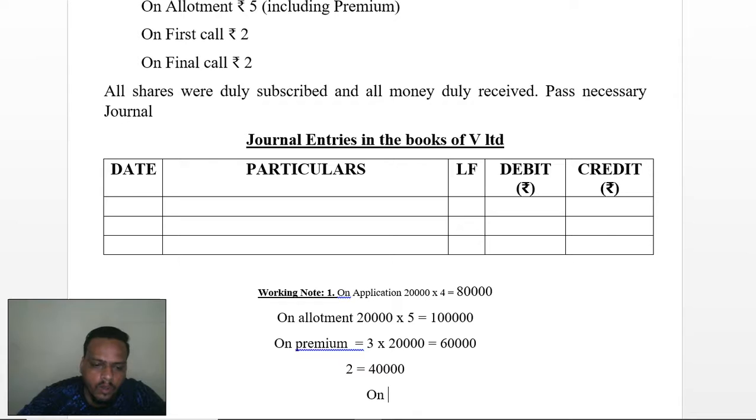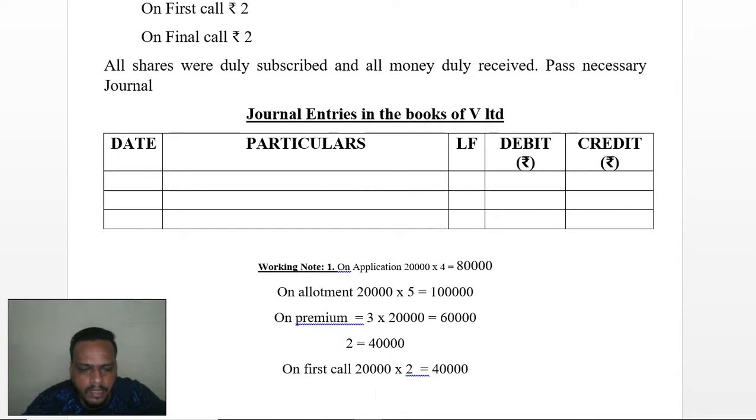Now on first call you have 20,000 shares, on which you receive 2 rupees as an organization, so the total amount will be 40,000. Same as the final call also.